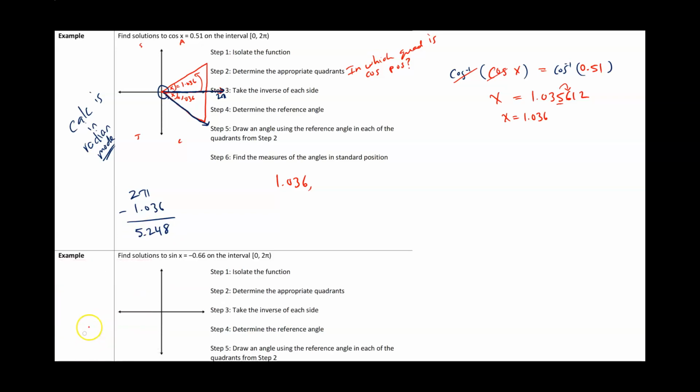So the measure of this other angle is going to be 5.248 radians. All right, so the last two, we are going to work on these in class.